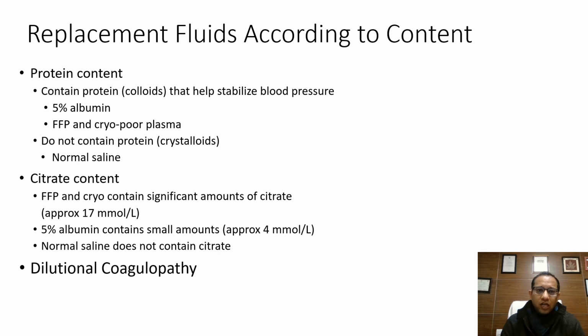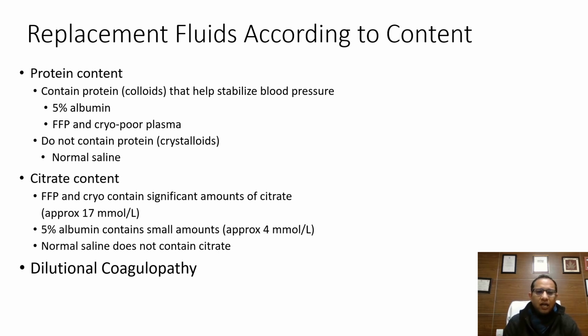Coming to replacement fluids, that is something we should all know: what kind of replacement fluid you are going to use when you are doing the plasma exchange. It can be either colloid or crystalloids. Most often, we start with 5% albumin, and nine out of ten times you would see that that is the replacement fluid that we recommend.